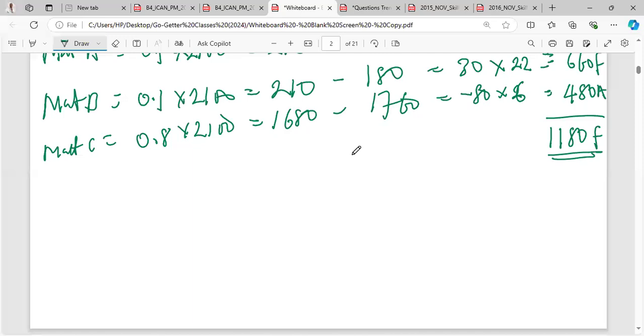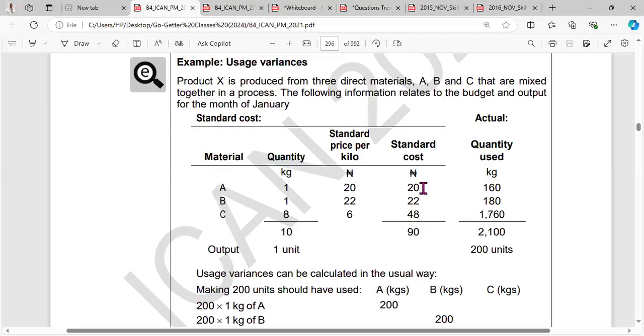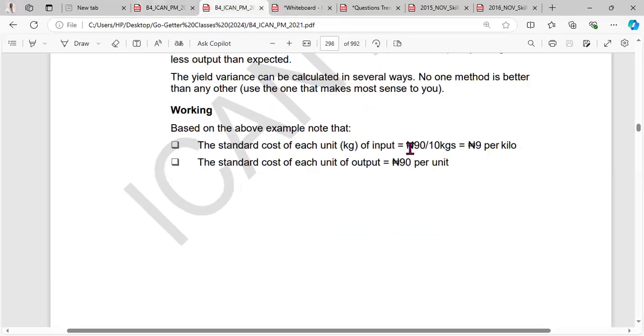Standard cost is 90 naira for 10 kilogram, which is like 9 naira per kilogram.